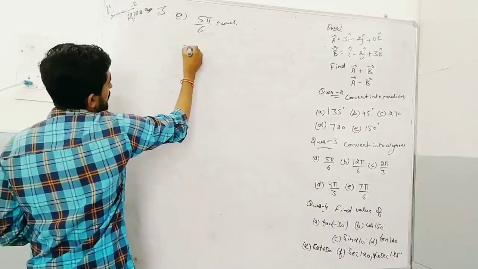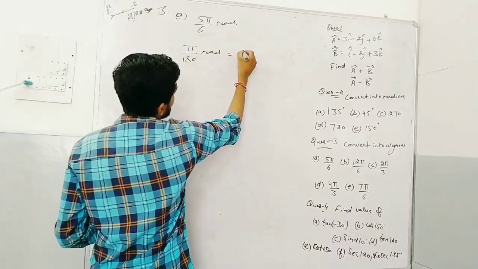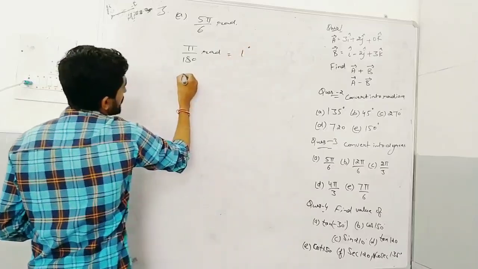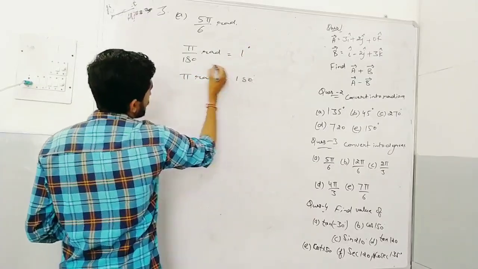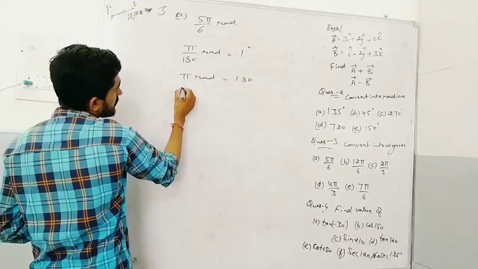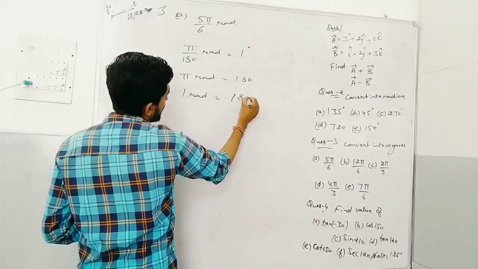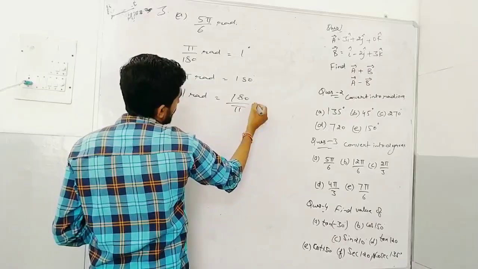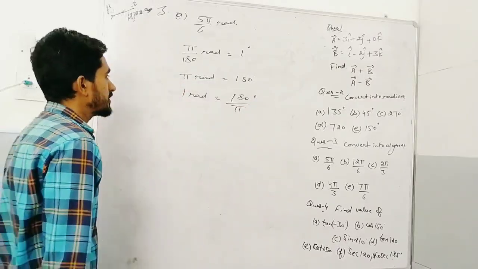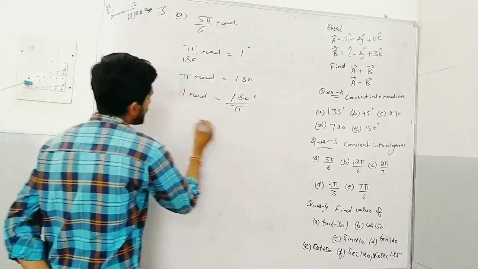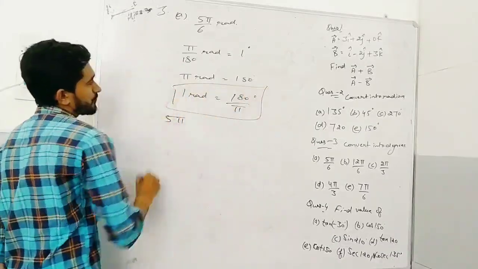We have one thing: pi upon 180 radian is equal to 1 degree. You can say pi radian is equal to 180 degrees, cross multiply it, and then 1 radian is 180 upon pi degrees. Remember this for further parts.